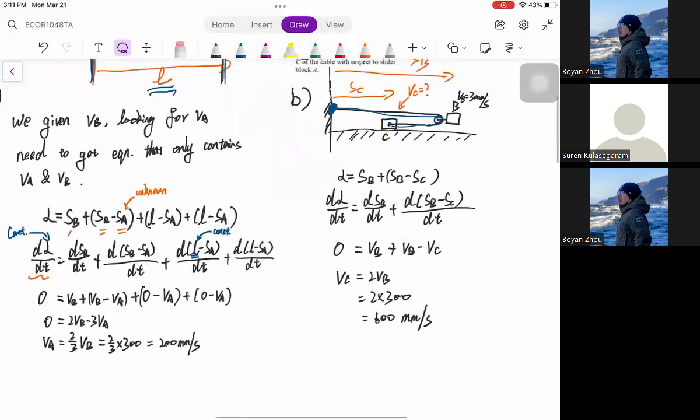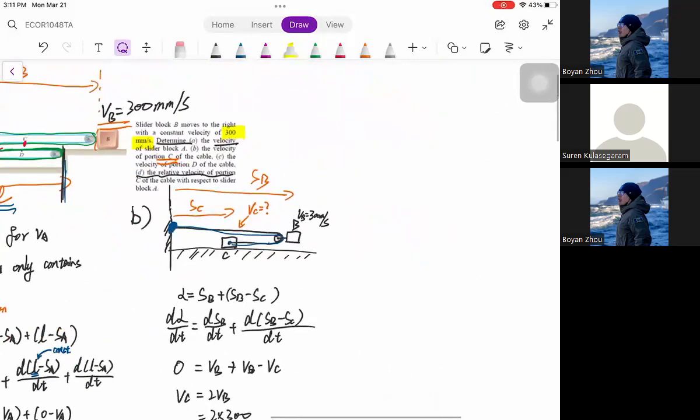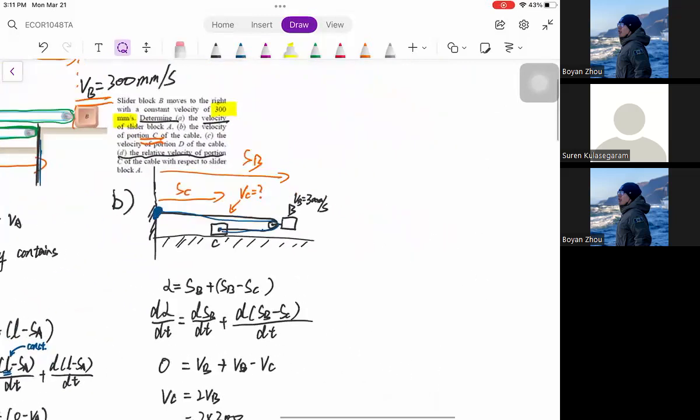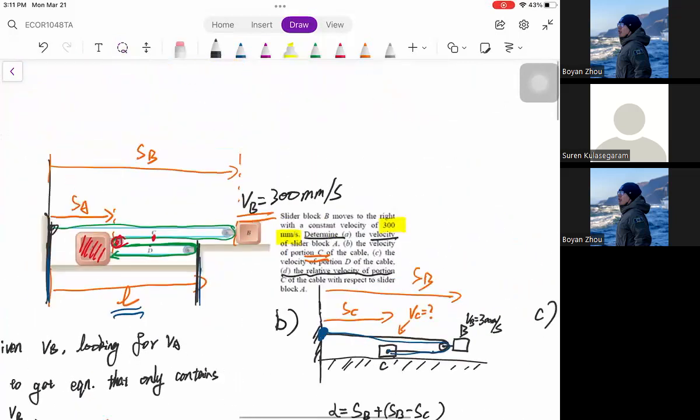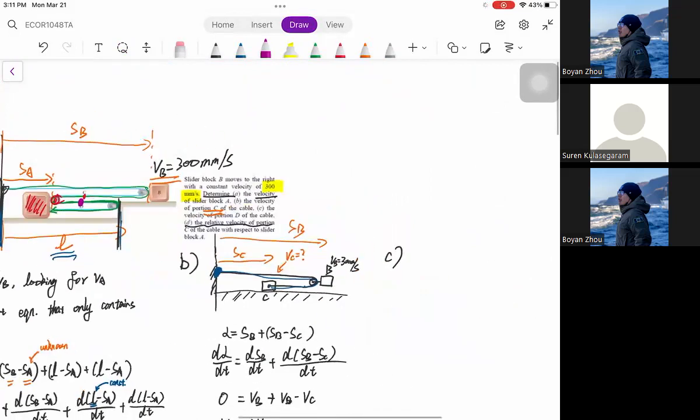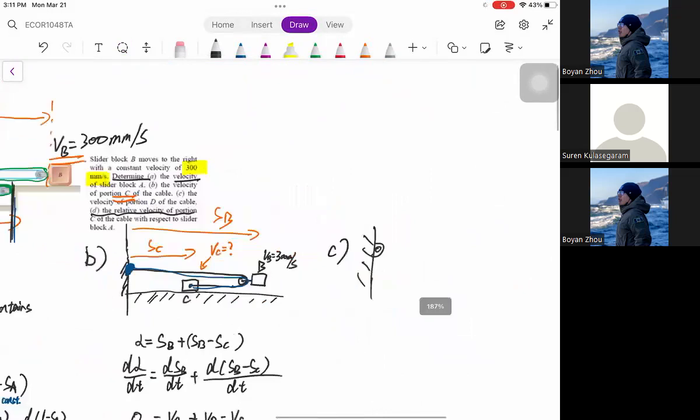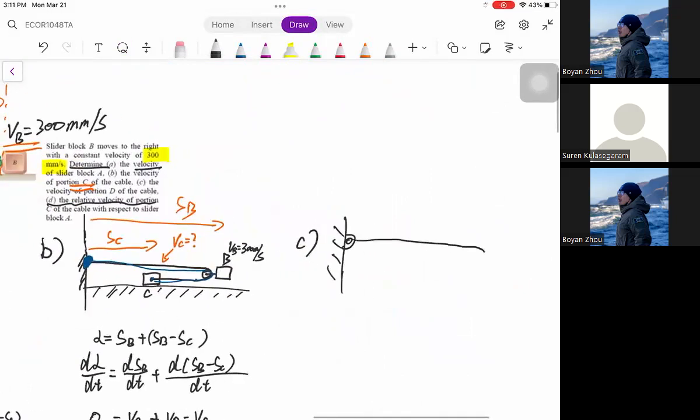And then part C is very similar to part B. Instead of finding the velocity at point C, we're finding the velocity at point D. So again, we're just going to redraw the model and simplify everything. We have the rope starting here, going to point B and going back.